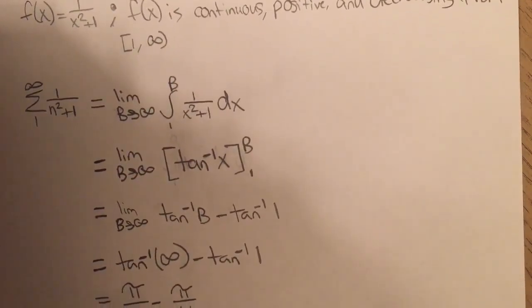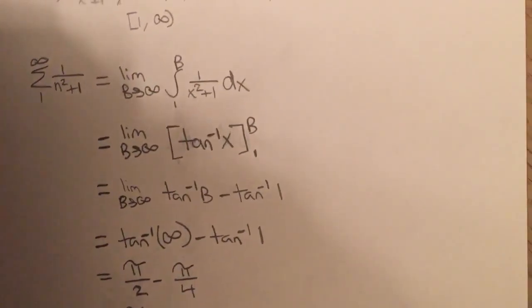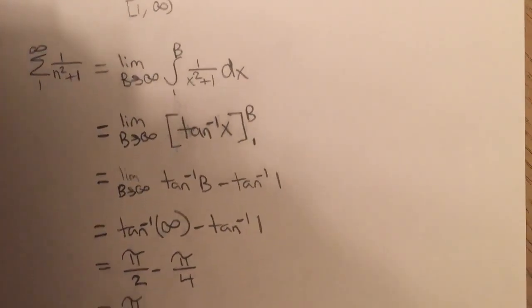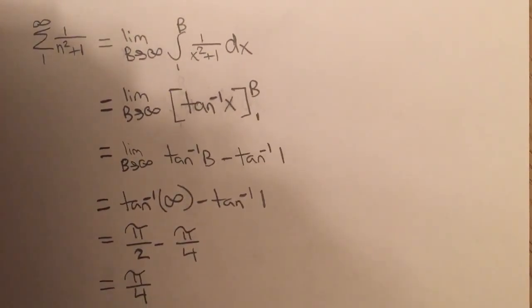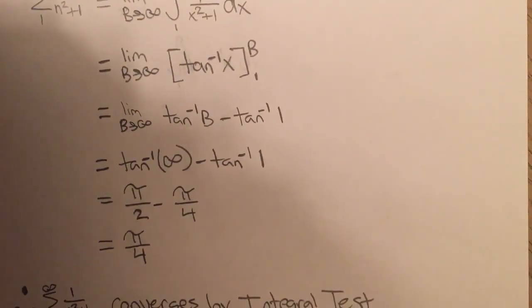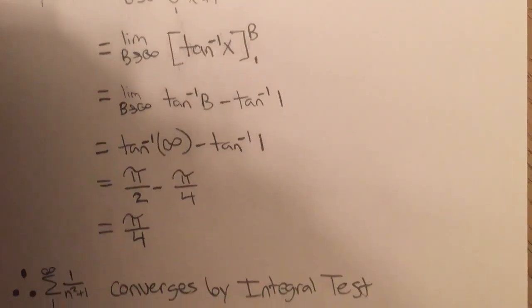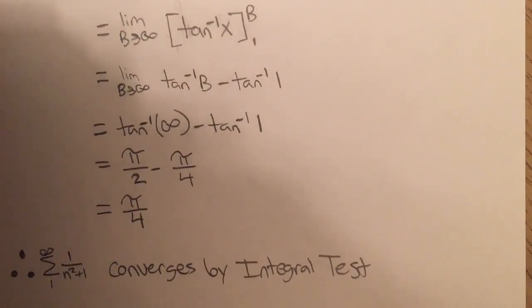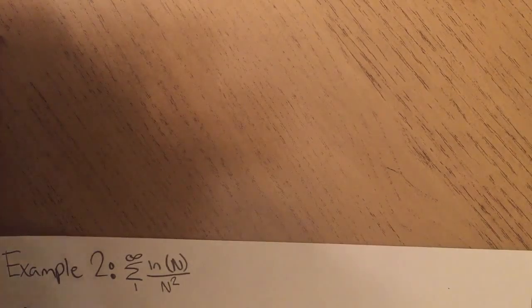So then we get pi over 2 minus pi over 4, which is equal to pi over 4. So then we can conclude, because the integral of the function converges, that the series converges by integral test as well. Now that we got this simpler problem out of the way, let's try another more complex problem.